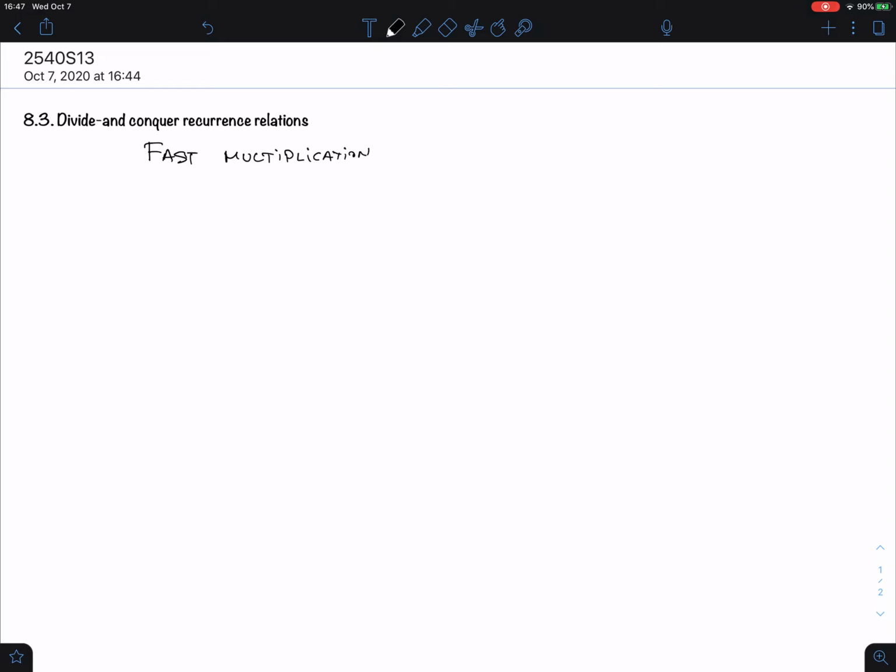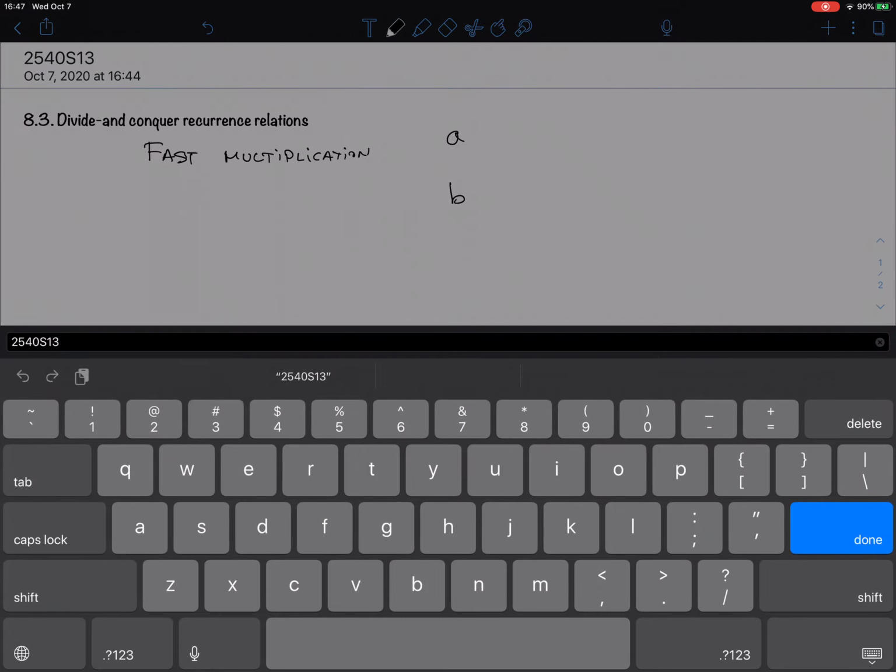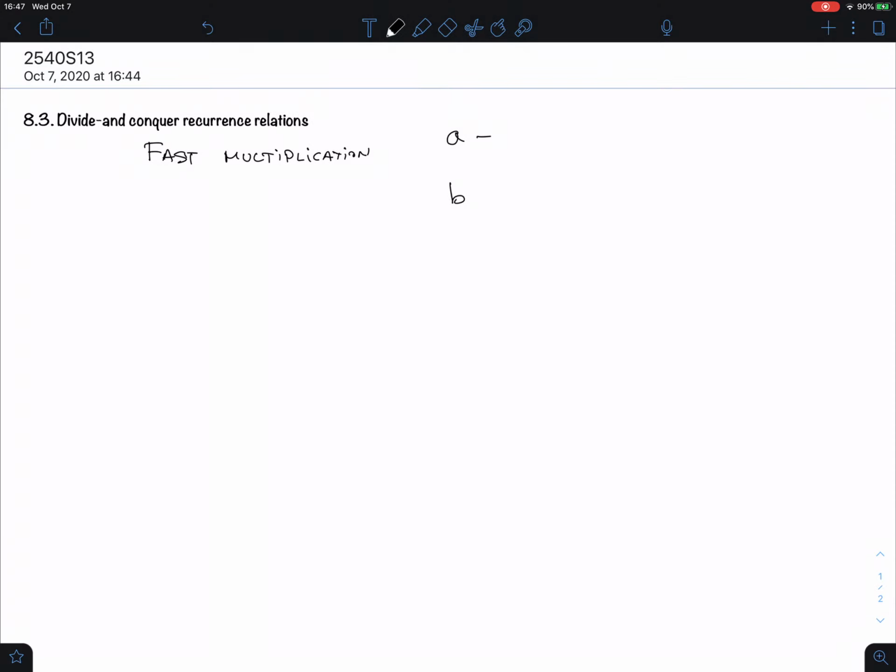What we had were two numbers, A and B, and they were both of size 2n. They had 2n bits. It's easier to take 2n here than n.